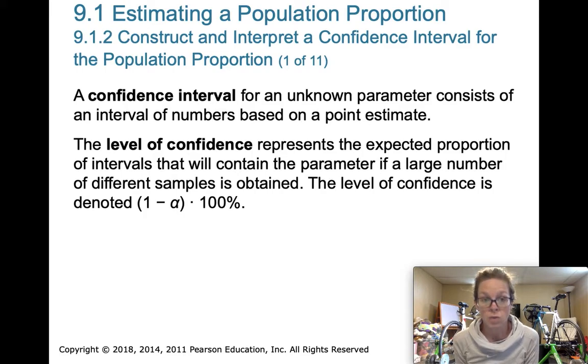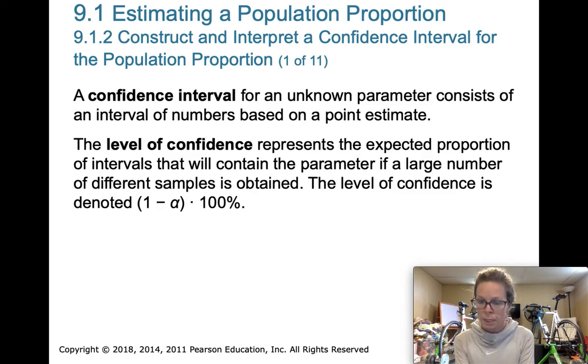The way we do that is first we have to determine what's called our level of confidence. Our level of confidence represents the expected proportion of intervals that will contain the parameter if a larger number of different samples is obtained. The level of confidence is denoted as (1 − α) times 100%.